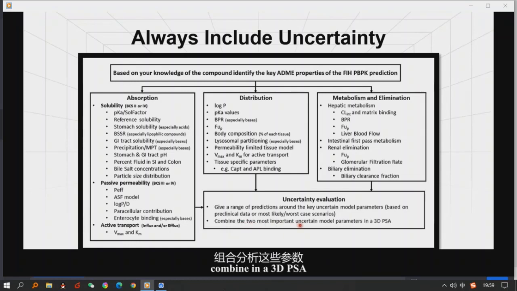So for a compound that's lipophilic with poor solubility and is basic in nature, you would be looking at combining perhaps the reference solubility in the stomach with the blood to plasma ratio, which is going to drive the systemic disposition, as two parameters which may dictate the level of uncertainty in your prediction.